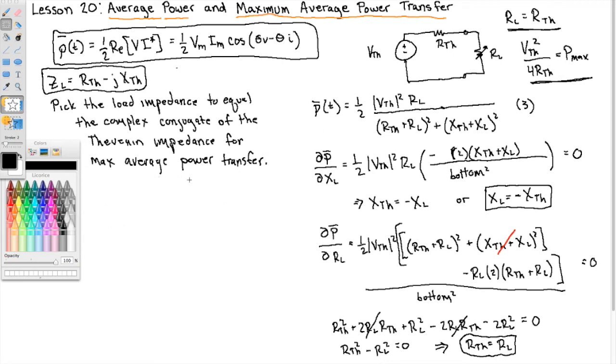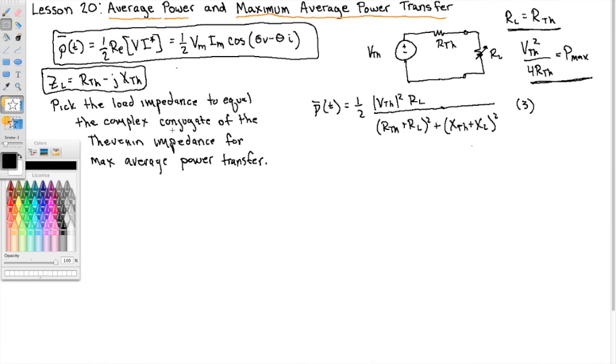All right, so the last part of this then is how much power do I get? What is the maximum average power that I can get from the circuit? Equation 3 tells us the average power for any combination of XL, RL.